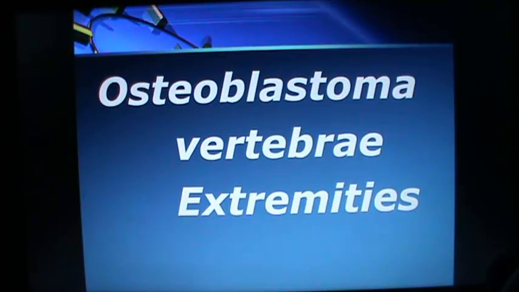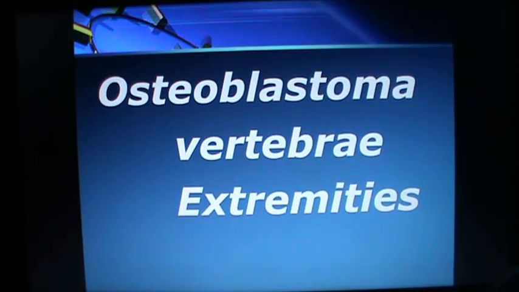And as with most bone lesions occurring below the age of 20, we will have affection in the young. The vertebral lesion will result in deformity. So, as a rule, a deformed vertebra in a teenager is considered osteoblastoma until otherwise proved.